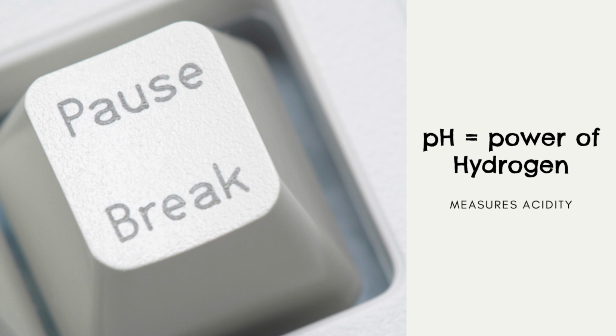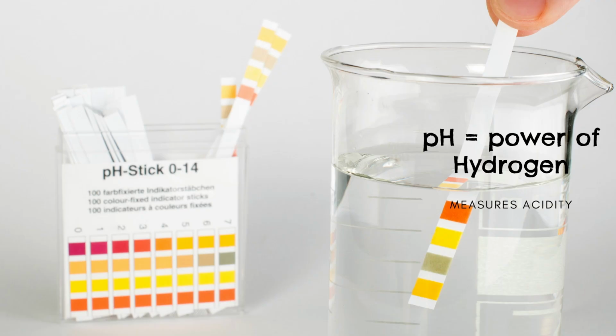As you may remember from high school chemistry, a pH, or power of hydrogen, is a metric that describes the level of acidity of a substance. The pH scale runs from 0 to 14, where 0 is the most acidic, and 14 is the most basic, and 7 is neutral. So water, for example, has a pH of 7.